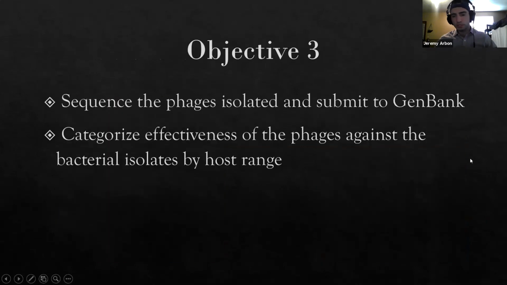Now, the next objective, this is basically where I'm at right now, but continuing with the first two objectives as well, to continue getting more phage and more bacteria that we can target, is to sequence the phage isolated and submit it to GenBank so that we can use that in our publication, and then categorize the effectiveness of the phage against different bacterial isolates to see the host range, because some phage will specifically target a specific strain of Bacillus licheniformis, for example, but it won't target anything else.